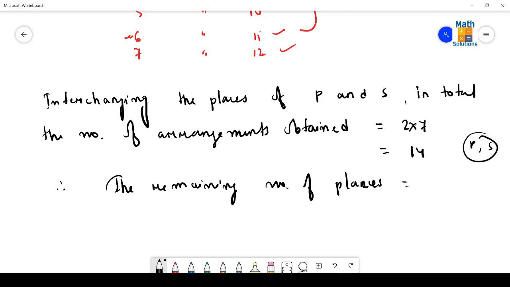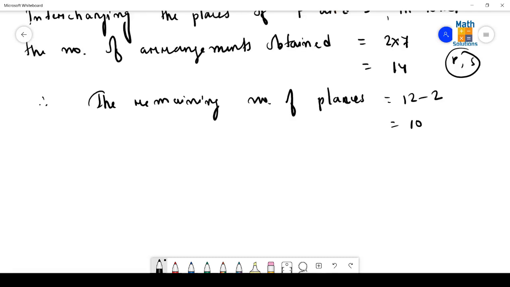Amongst these 12 positions, 2 positions will always be there for P and S. So how many places will be left behind? Of course 12 minus 2, there will be 10 places left behind. Now it is time to calculate in how many ways these 10 places can be filled in.